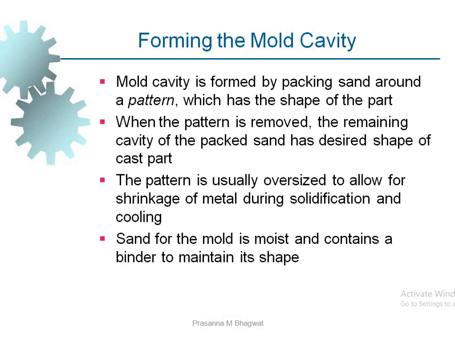How do we form the mold cavity now? The mold cavity is formed by packing sand around a pattern. What is a pattern? A pattern is nothing but the replica of the casting. It has the shape of the casting required, and that basic material is known as the pattern. So you pack the sand around the pattern, and once you have packed the sand, the pattern is removed and the remaining cavity in the packed sand has the desired shape of the cast part.